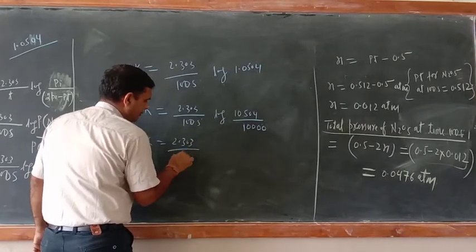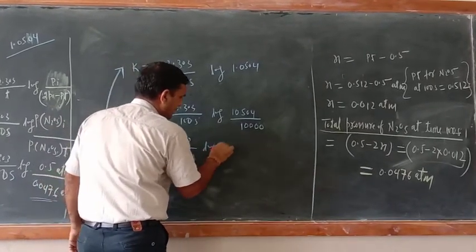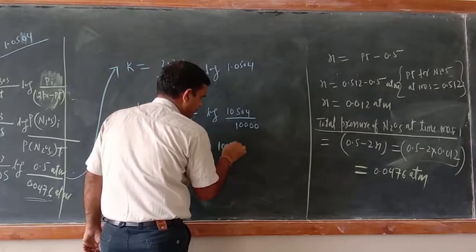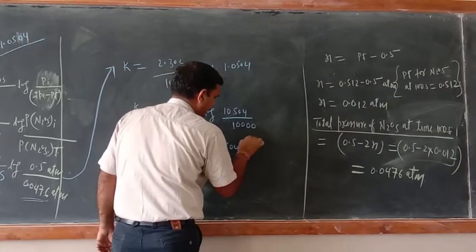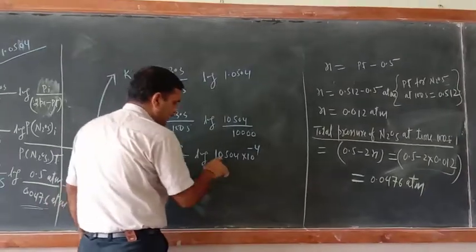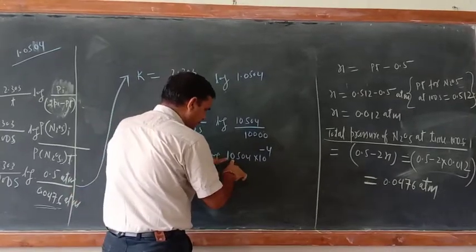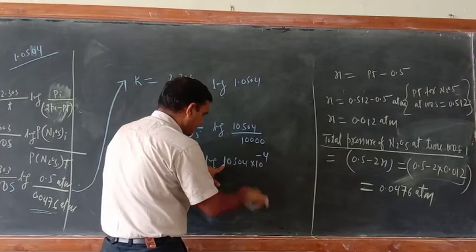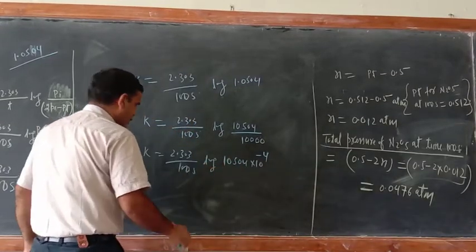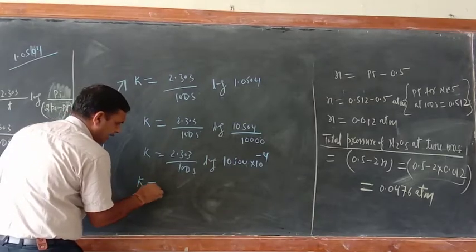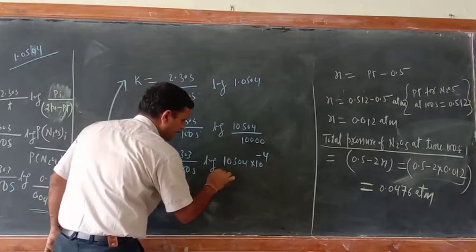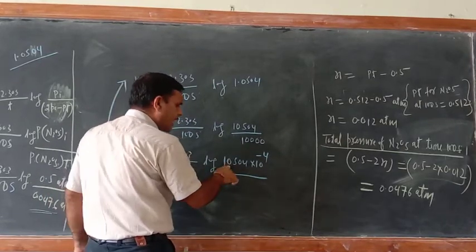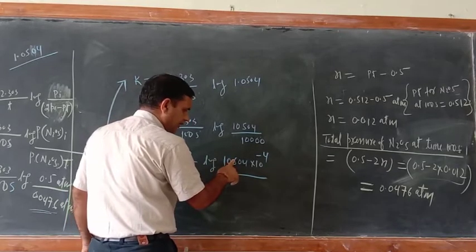So K equal to 2.303 divided by 100 second, log 10504 into 10 raised to the power minus 4. Now you should see the log 10 value at 5 and 4 mean difference. There will be one more provision; just see the log 10 at 5.